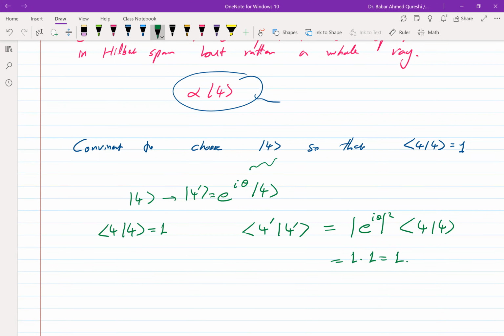So you still have this freedom of multiplying with phases. In general, you can multiply by any number, but if you insist that I'm going to use normalized state vectors, even then you can multiply with phases, and that doesn't change even the normalization. So that freedom is still there.